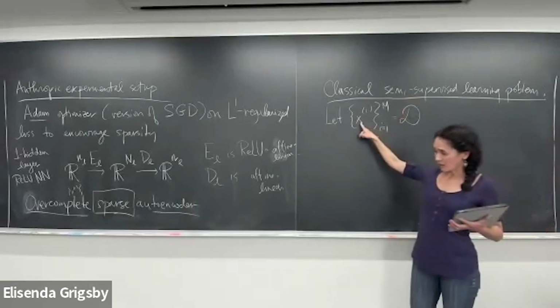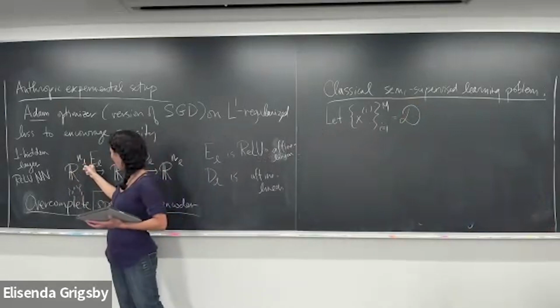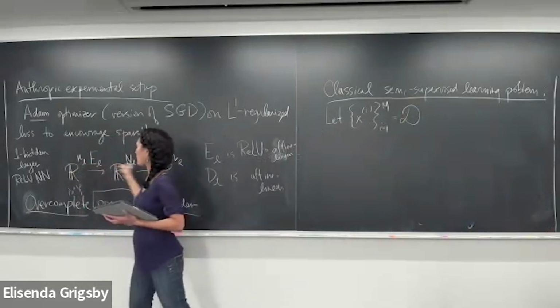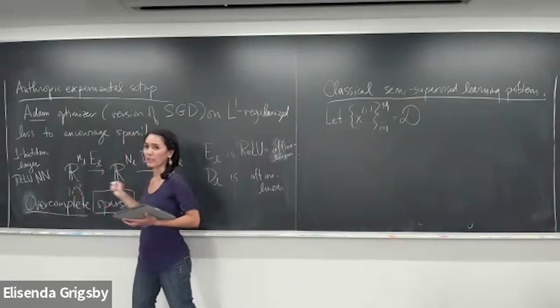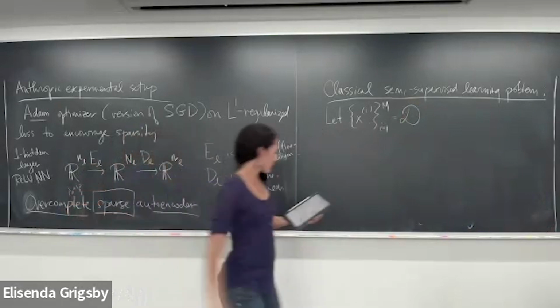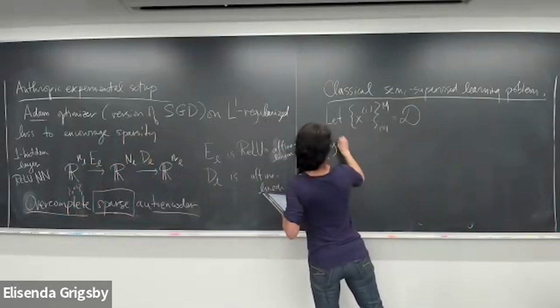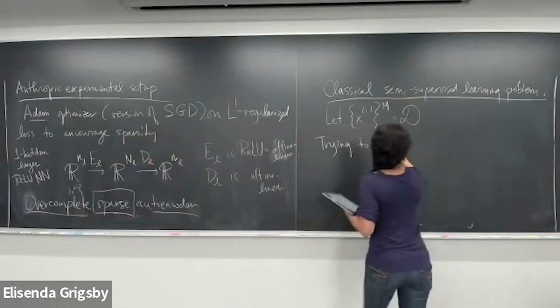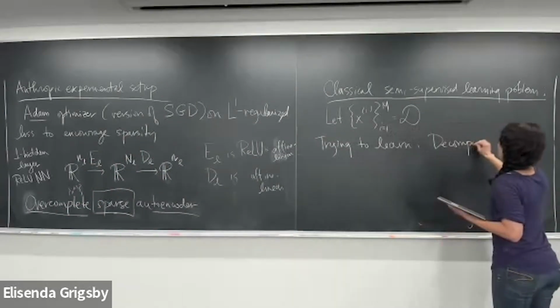All that you're trying to do with this setup is find maps EL and DL such that the composition takes these points close to themselves. This is what I meant by trying to learn the identity function, a decomposition of the identity function.